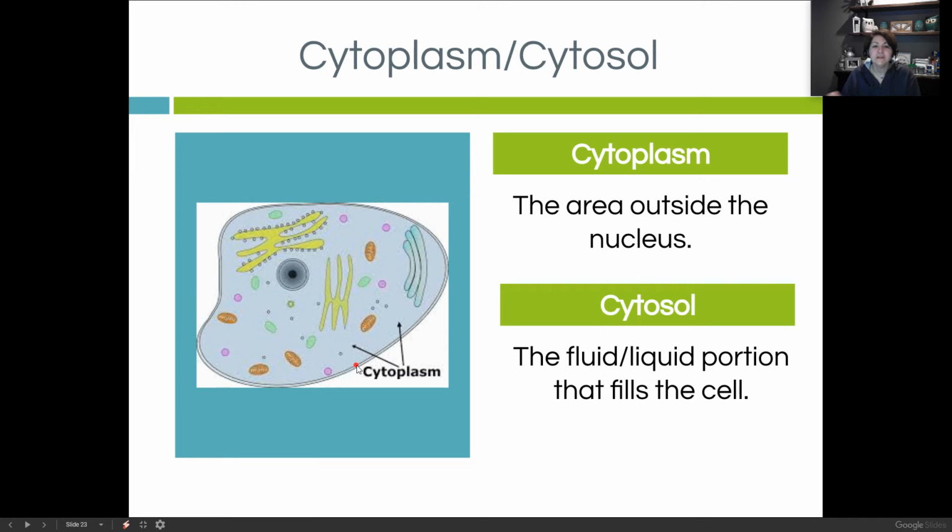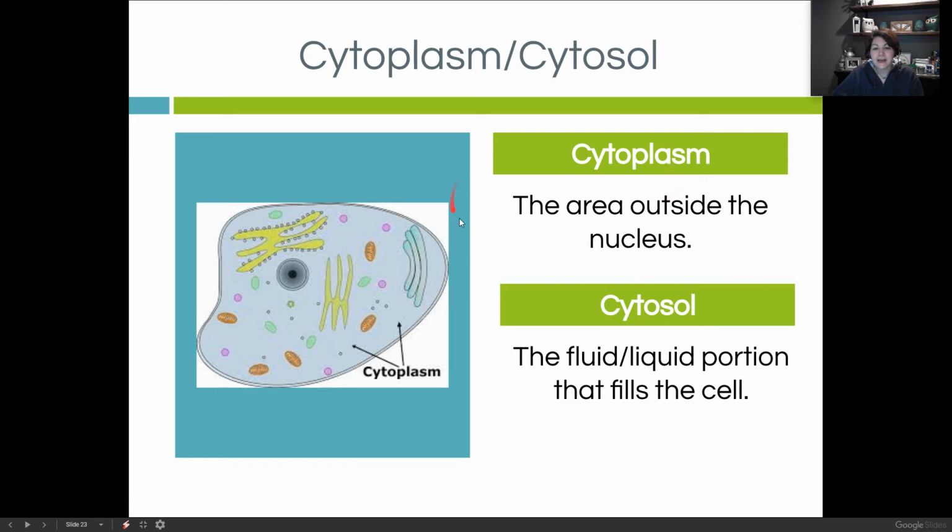Number three, all cells are going to have cytosol or what we call cytoplasm. These two words get really confusing. But the cytosol really is just the liquid that fills the cell. So it's where all these chemical reactions are going to take place. It's where all the organelles or the DNA is floating.